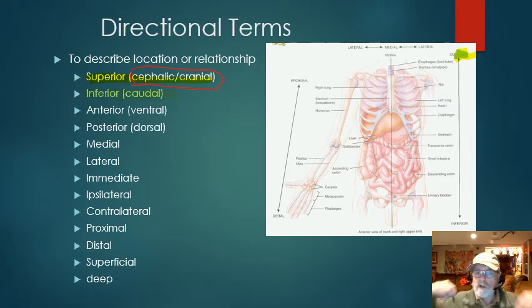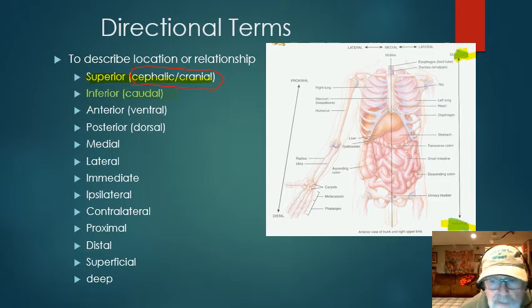Cephalic or cranial also means the top. Okay, so anything that's closer to the top of the body is superior, cephalic, or cranial. Anything that's closer to the bottom of the body would be called inferior, or caudal. Now, to be superior doesn't mean it has to be at the head. It just means something that's higher in the body than something else.